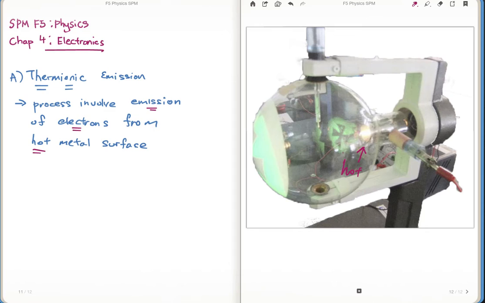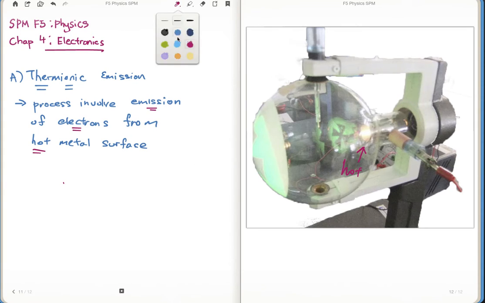Okay, so let's have a cross-sectional view. If you want to sketch this in cross-section, what is inside here? That would be a hot filament, subject to a potential difference. Here it will be very low, perhaps only 6 volt direct current, DC.